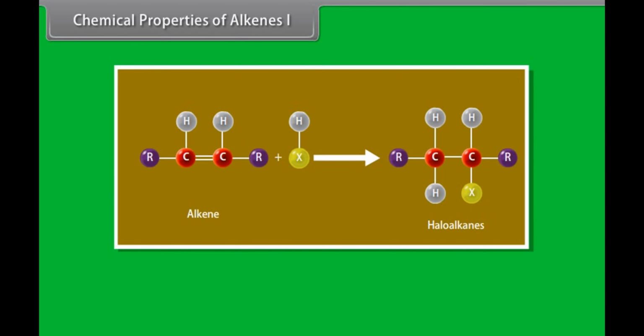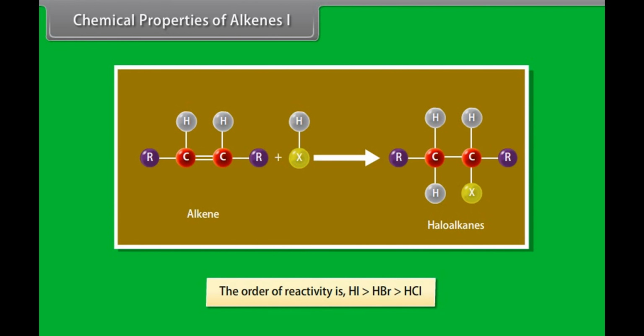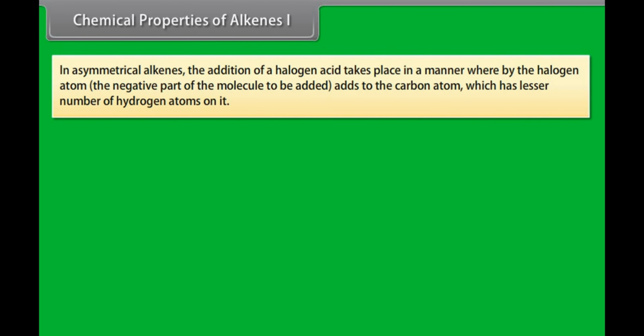Alkenes with concentrated aqueous solutions of halogen acids give haloalkanes. The order of reactivity is HI greater than HBr greater than HCl. In asymmetrical alkenes, the addition of a halogen acid takes place in a manner whereby the halogen atom, the negative part of the molecule to be added, adds to the carbon atom which has a lesser number of hydrogen atoms on it.